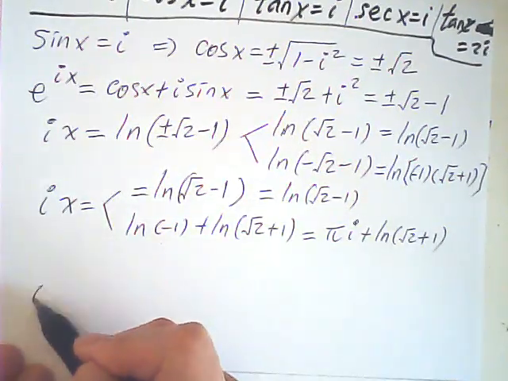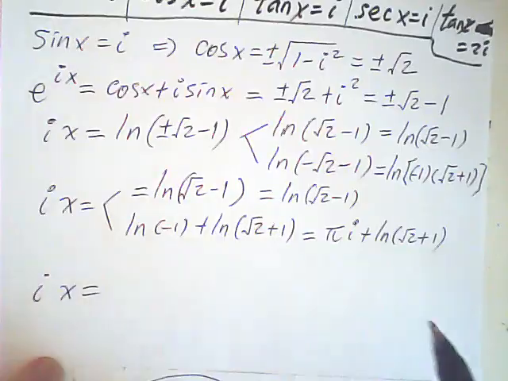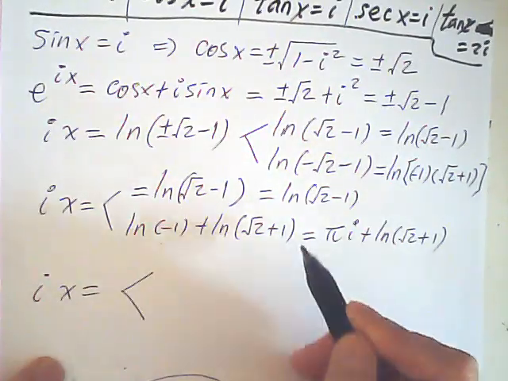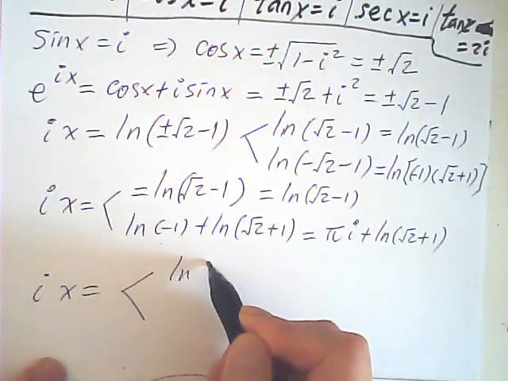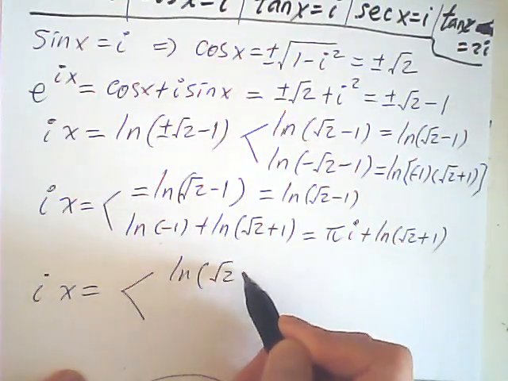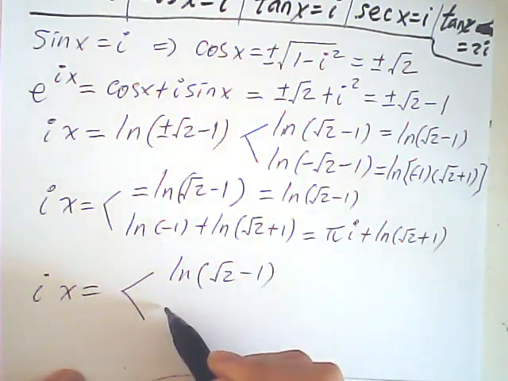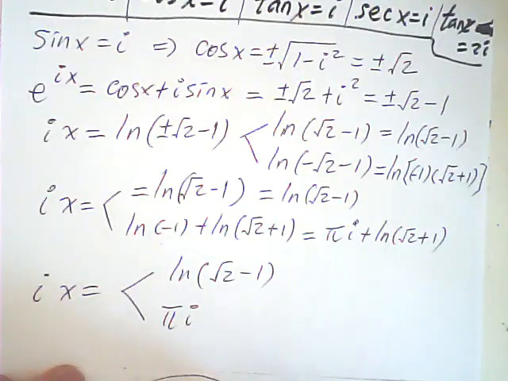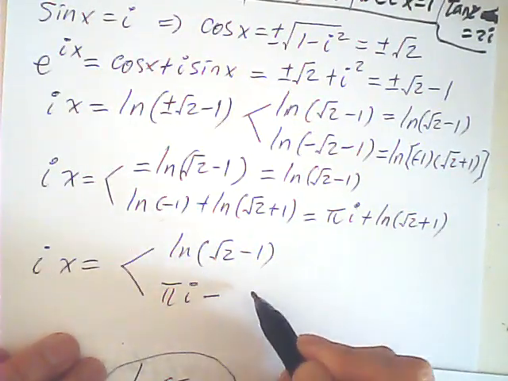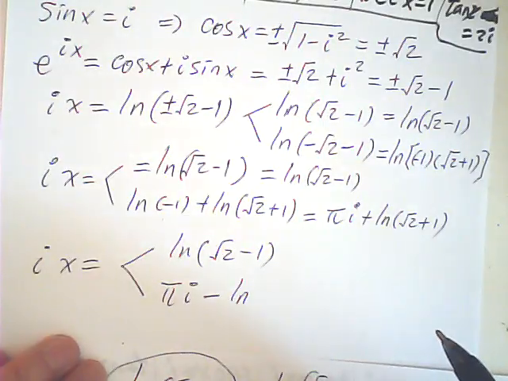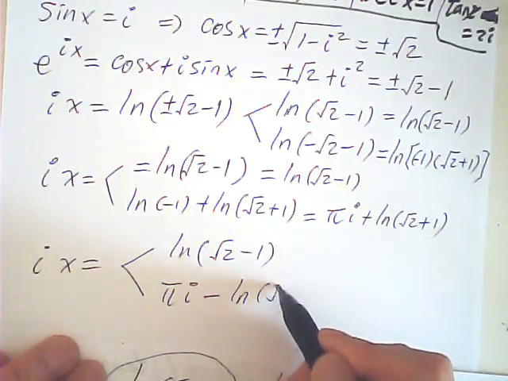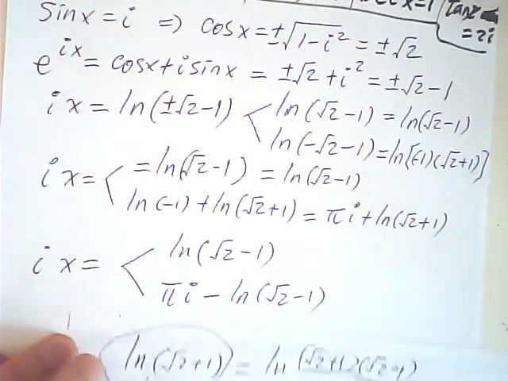So my ix is equal to natural log root 2 minus 1 and pi i minus log root 2 minus 1.